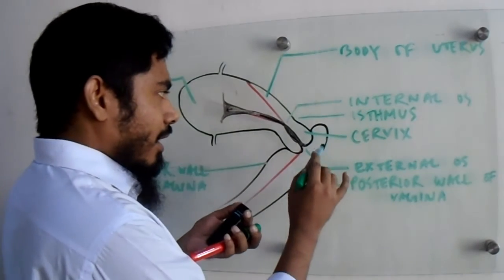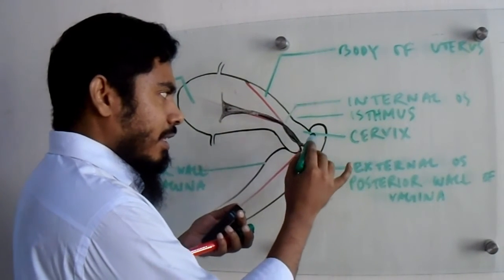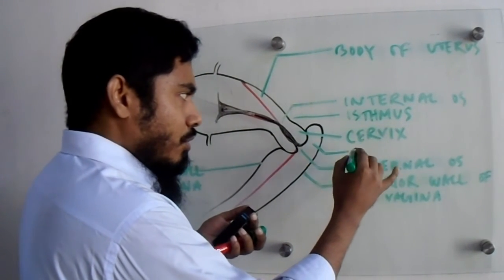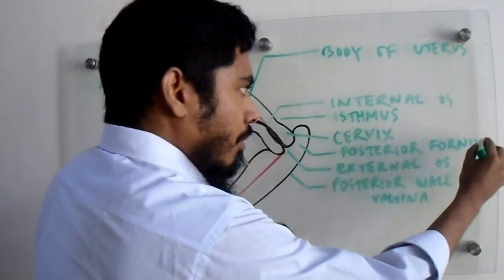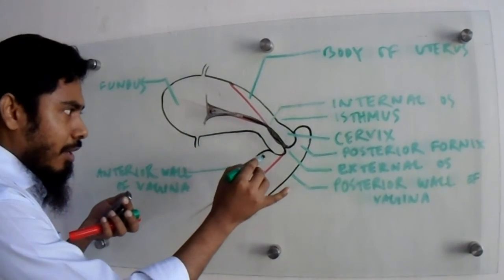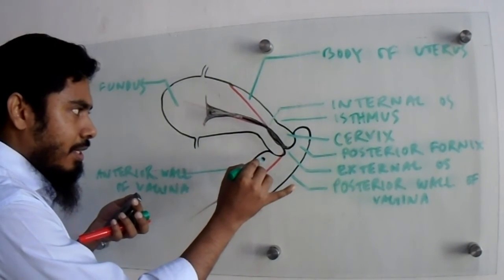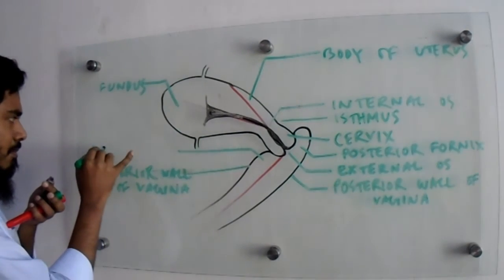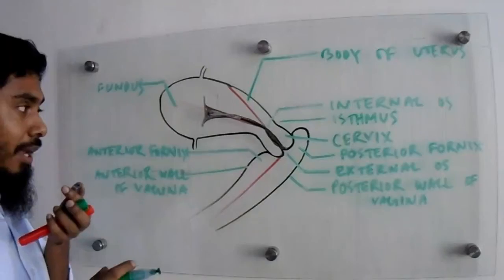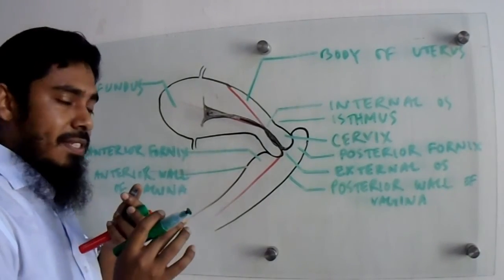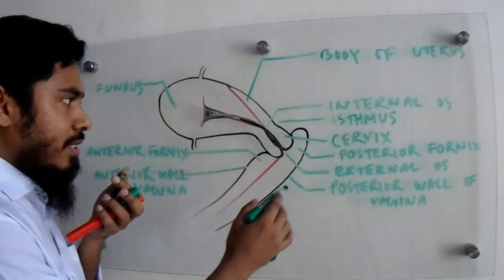But the area in between the posterior wall of the vagina and the intravaginal part of the cervix, this is termed as the posterior fornix. And we know that there are two other fornices, and that can be seen in the coronal section, and it is the sagittal section. So here we can only see the anterior fornix and the posterior fornix.